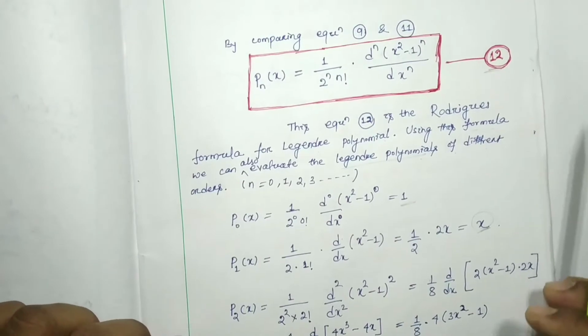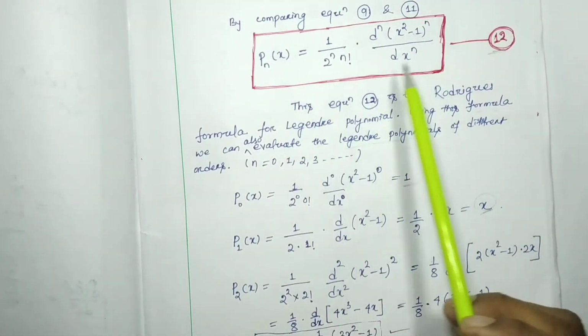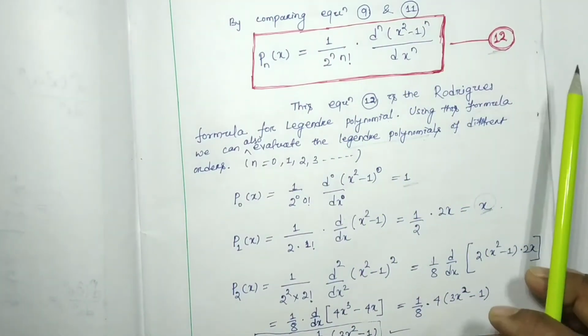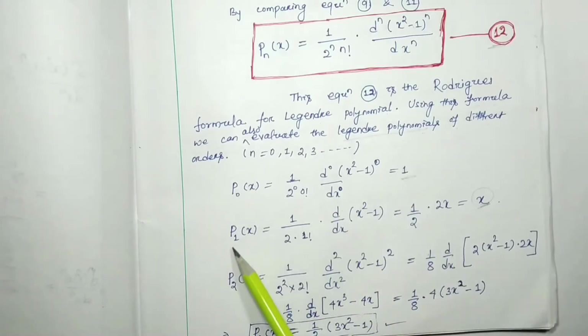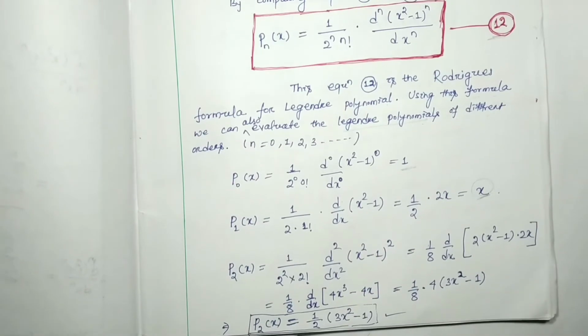By using this Rodrigues formula, we obtained the zeroth order Legendre polynomial, that is P0(x), we found 1. First order polynomial, that is x, and second order polynomial we found 1 by 2 (3x square minus 1).